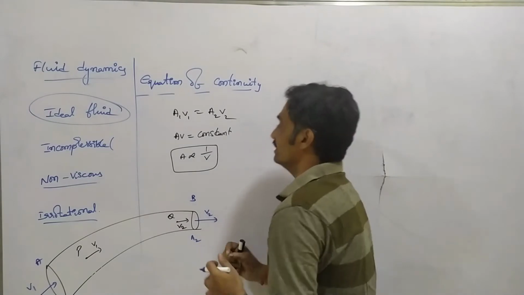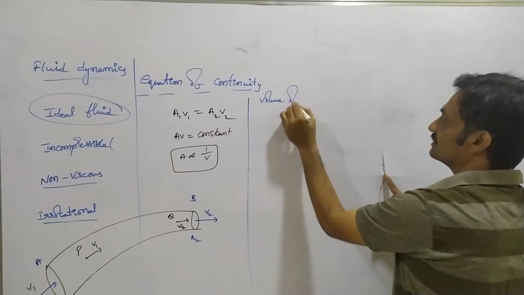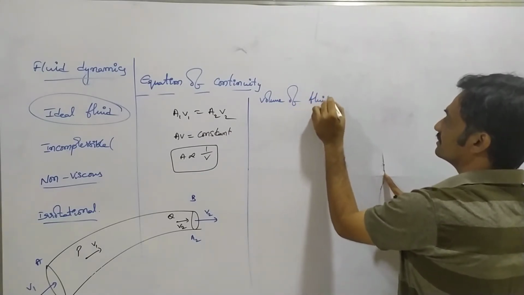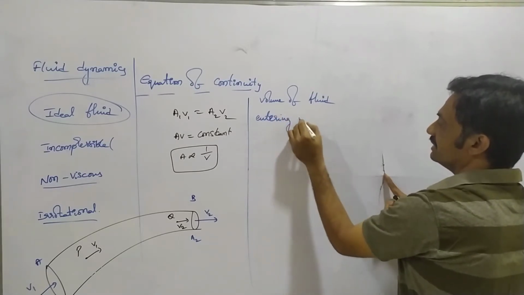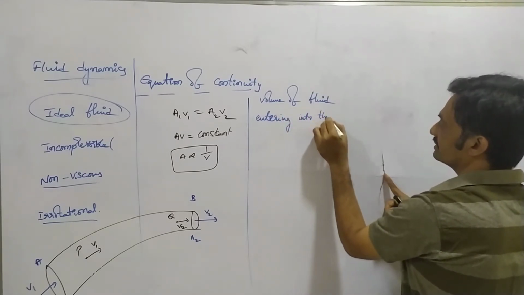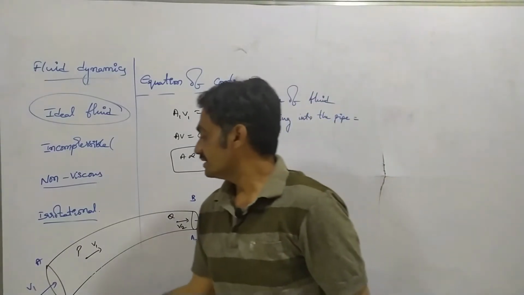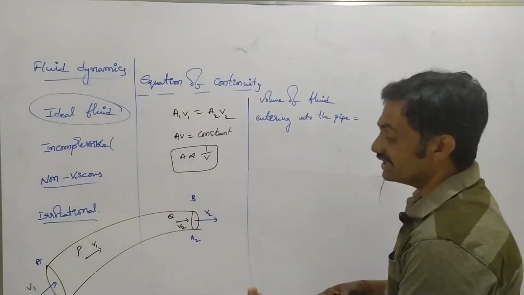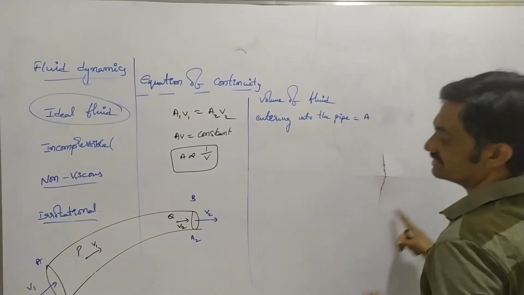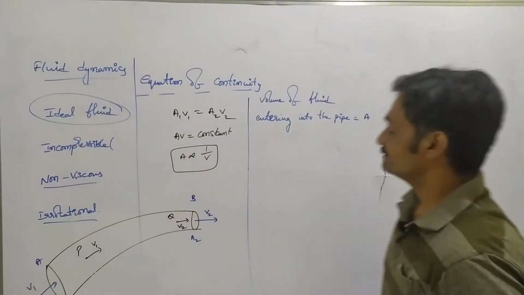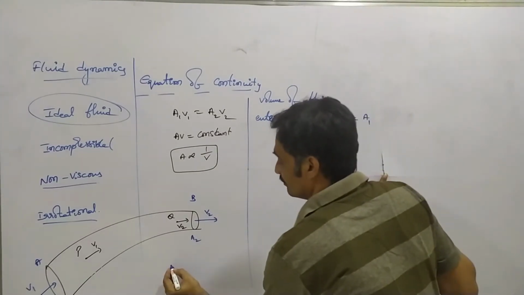Now we are going to consider the volume of the fluid entering into the pipe. Volume is nothing but area into length, and we know that area is A1 and length is represented using v1.